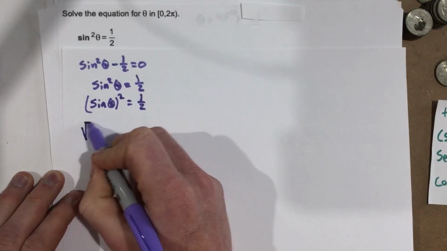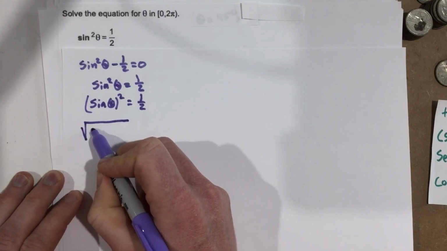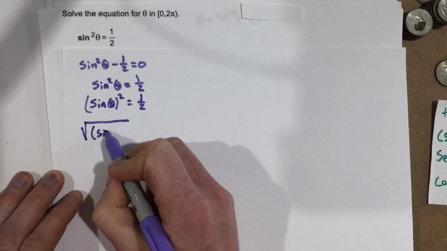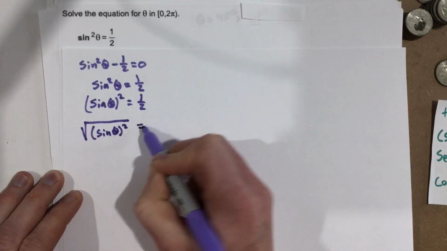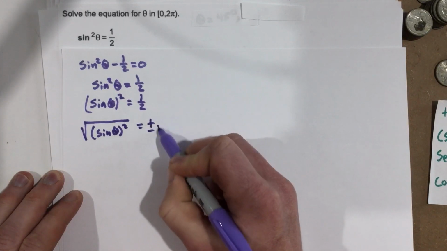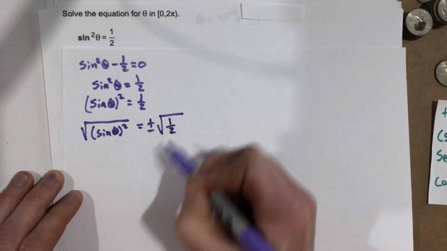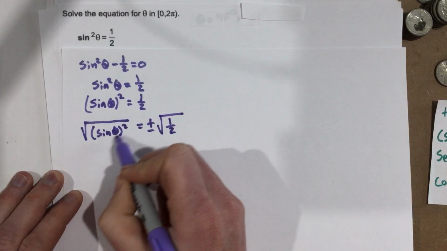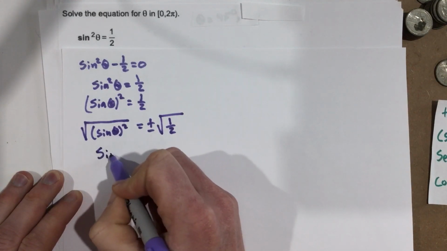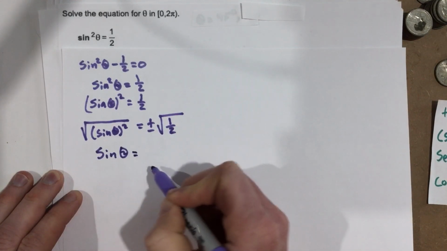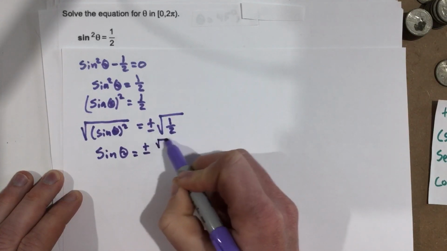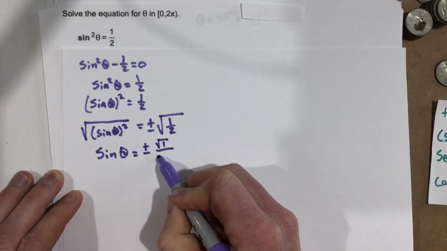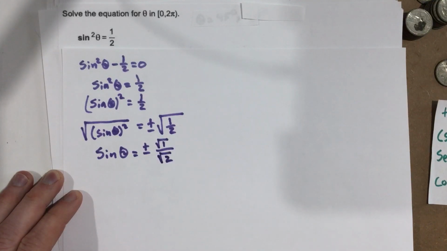If I square root the left side of the equation, I get the root of sine theta squared equals plus and minus the root of 1/2. This will give me sine theta is plus and minus, and I can split this root between the 1 on top and the 2 on the bottom.